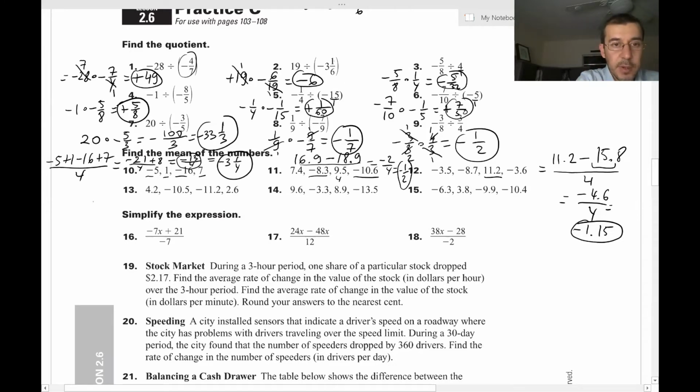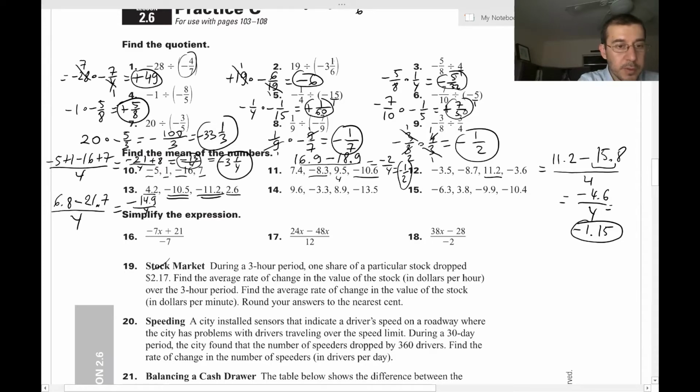Number 13, we have, let's add up the two positive numbers, 4.2 and 2.6, that's 6.8. Then we're going to add up the two negative numbers, that's 10 and 11 is 21, 21.5 and 0.2 is 21.7, over 4 numbers, right? 1, 2, 3, 4. 21 is greater, so minus, and then 21.7 minus 6.8 is 14.9 over 4.